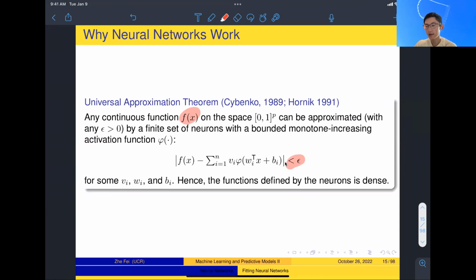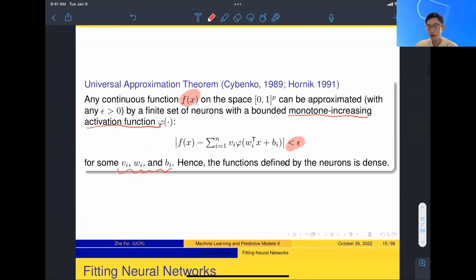The difference would be less than some arbitrary threshold epsilon, with some conditions on, for example, a monotone increasing activation function, right? And for suitable weights. So these are the model parameters, right? Vi, Wi, Bi, and in computer science literature, they are also called weights, just different names, right? So this theorem gives some theoretical guarantee that neural network models could work, right?